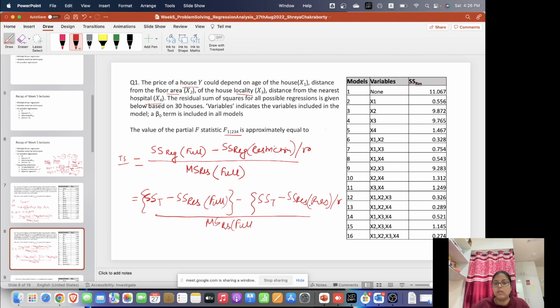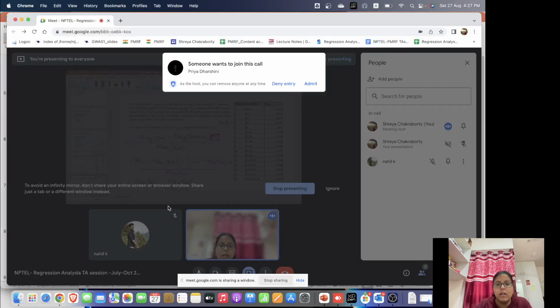Anybody? Ma'am, is it x2? No, R is the degrees of freedom. R corresponds to the number of restrictions. Here we have only one restriction, that is beta 1 equal to 0 under H naught. So here our R will be 1.